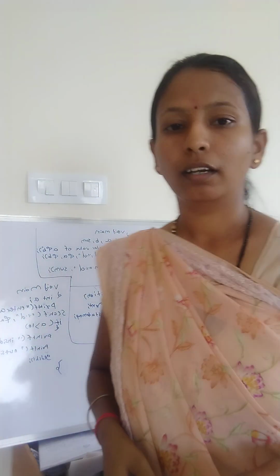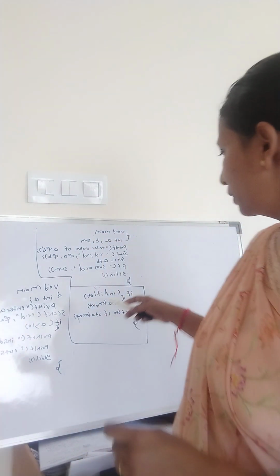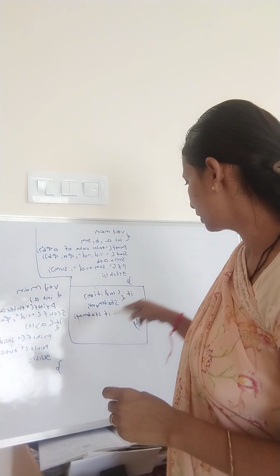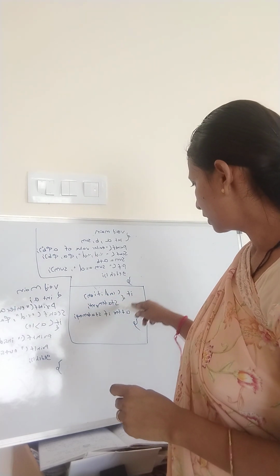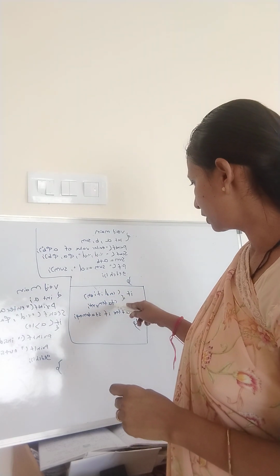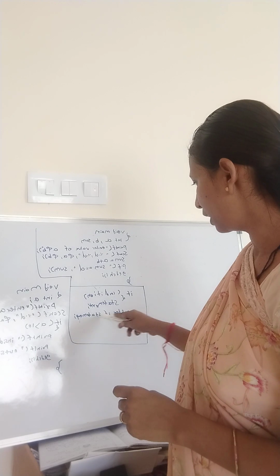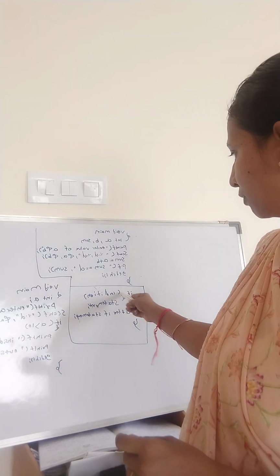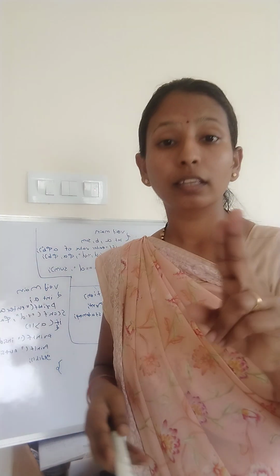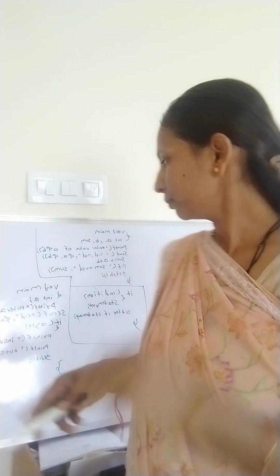If statement, and the syntax for this if statement is like this: if condition, then statement 1, and after that statement 2. Means after this if condition there are two statements.